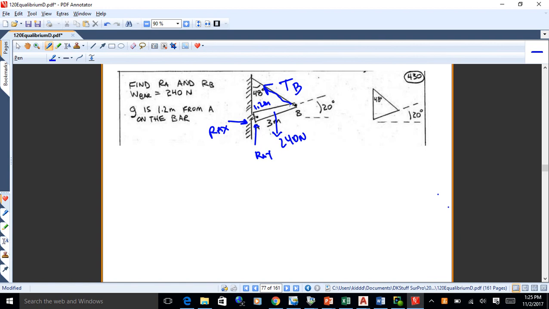Something like that. I see a pin joint, I put the two reactions on that thing, I put the tension in at B, put a downward force in 1.2 meters from A. The weight goes straight down like weights do. Okay. We good?